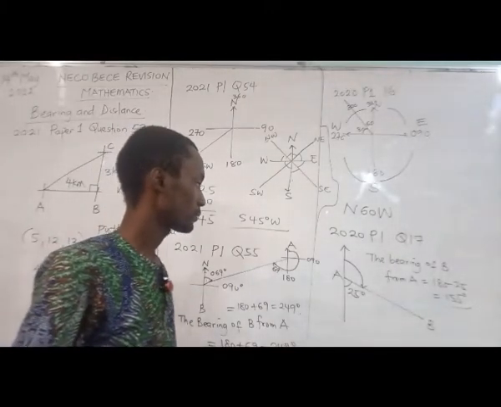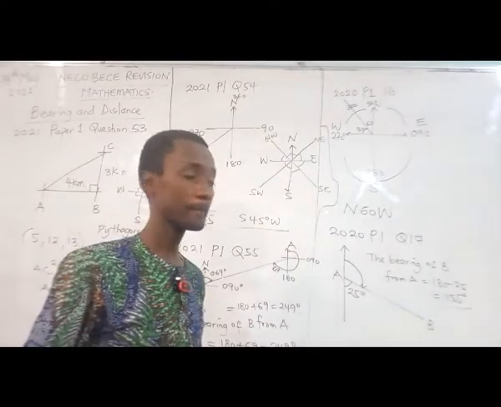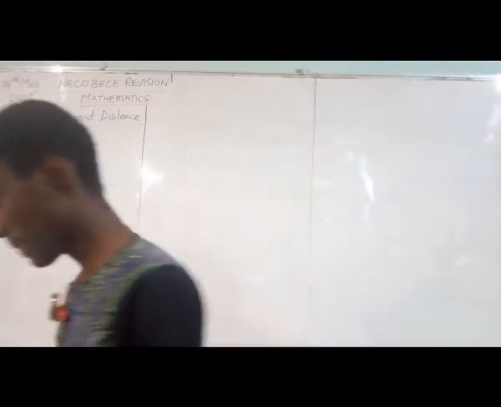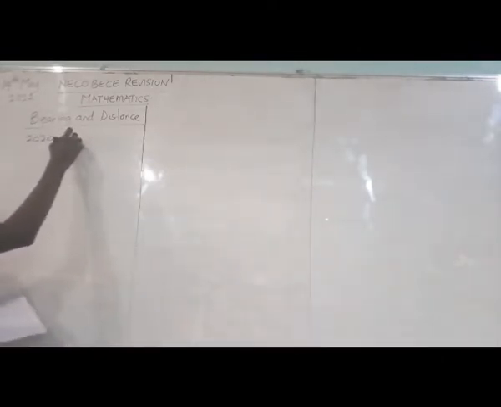Let's go to the 2020 paper 1, question 18, using my coding system. Now look at the diagram you're given.